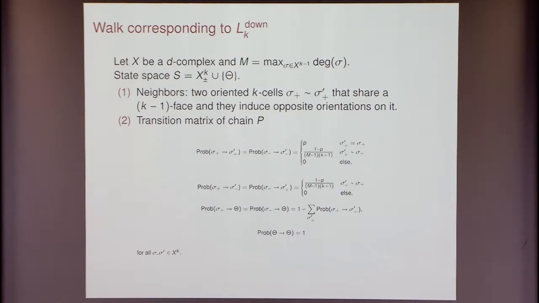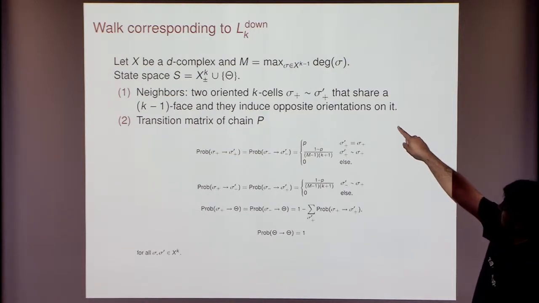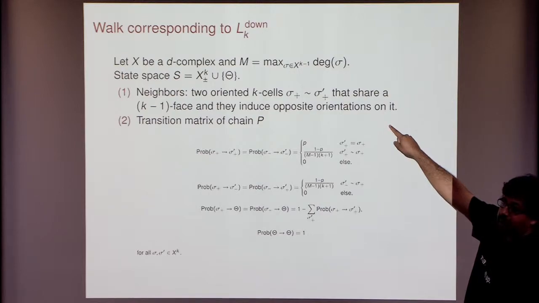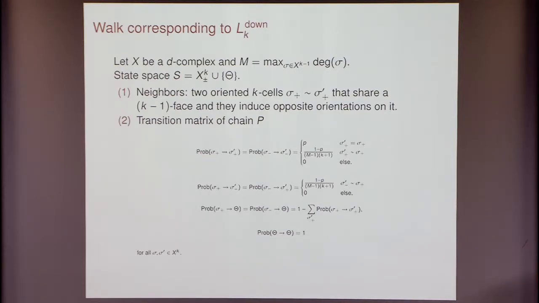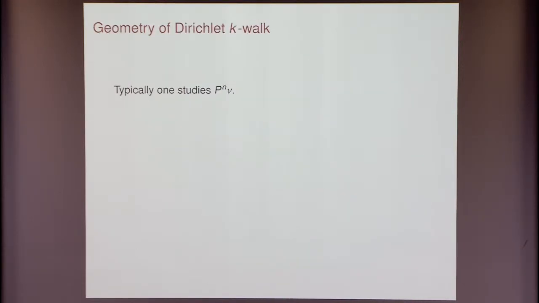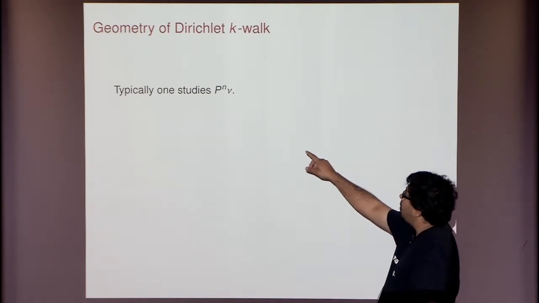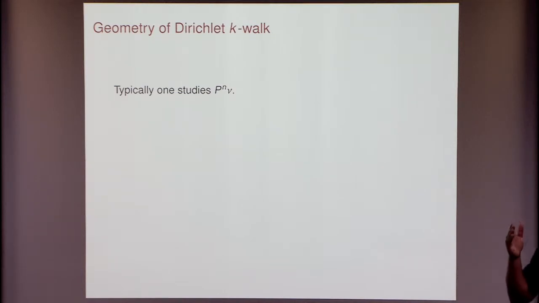And my goal is to tell you that the stationary distribution of this transition matrix has to do something with the eigenfunctions of LK down, right? So I'm going to want to tell you that. And in spite of my shirt, I want to be correct. So what we typically study is you take this transition matrix, you start with an initial probability vector, and you iterate this.